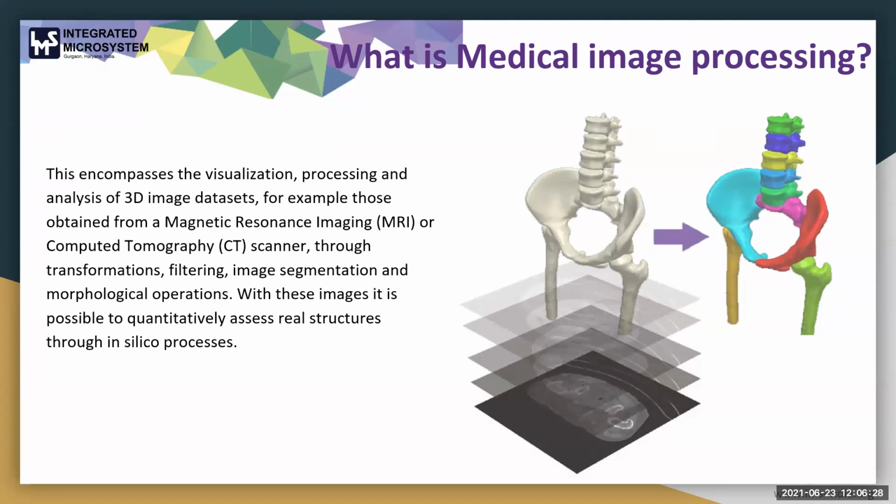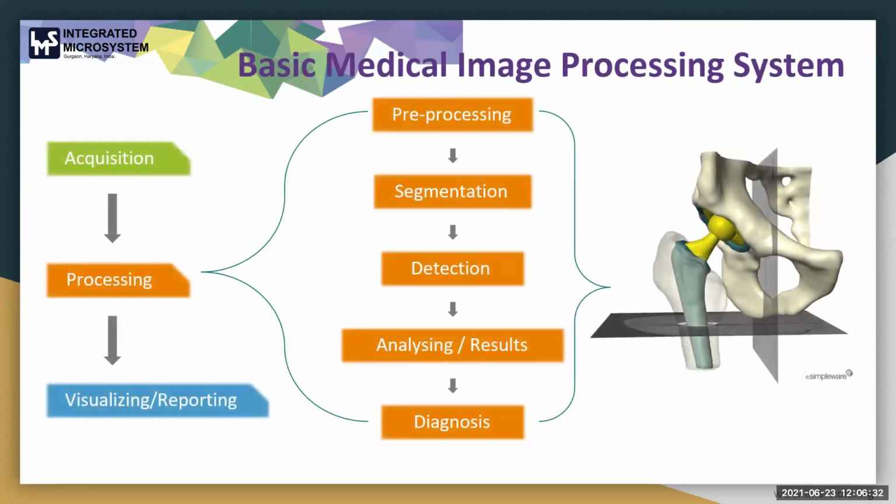That is what medical image processing is. And one more thing, if anyone has any queries during the demonstration or presentation, they can ask me at that time as well, or we can have a Q&A session at the end.